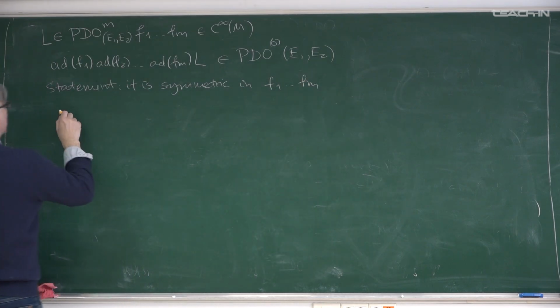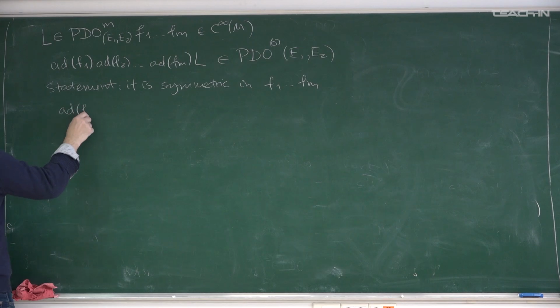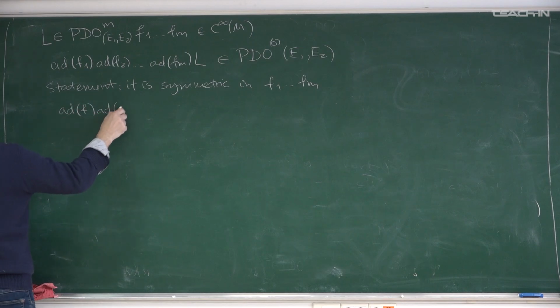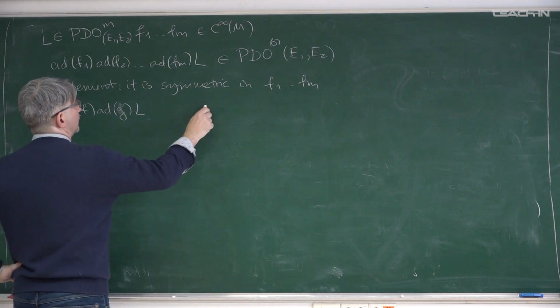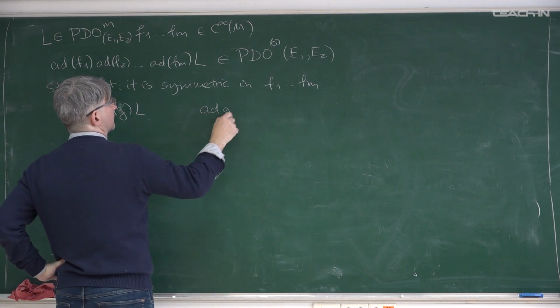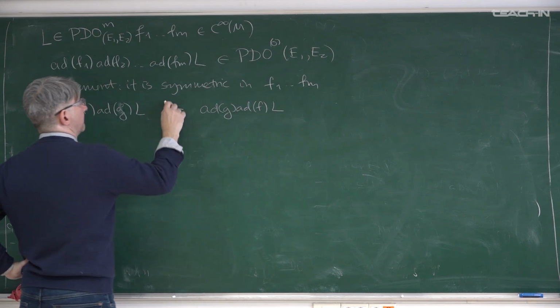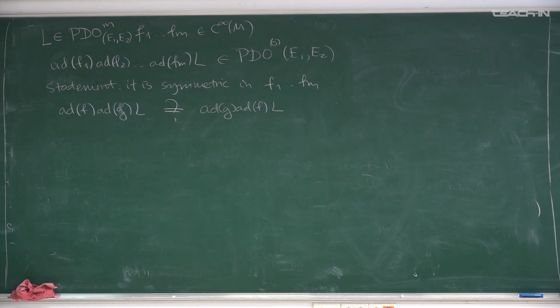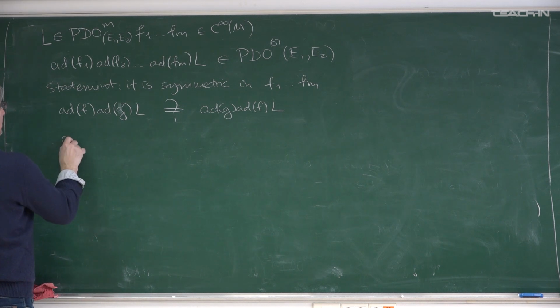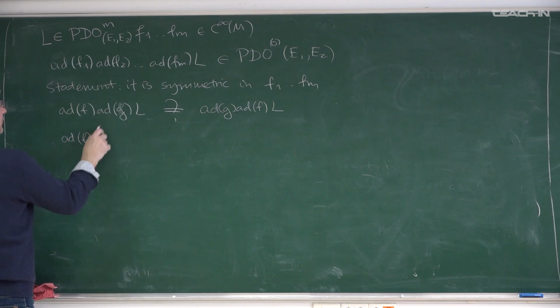For simplicity, I need to check what happens if I consider this expression and this expression, just to check that I can interchange the order of two neighboring f's. Let's check it. How does it work? It works as this.